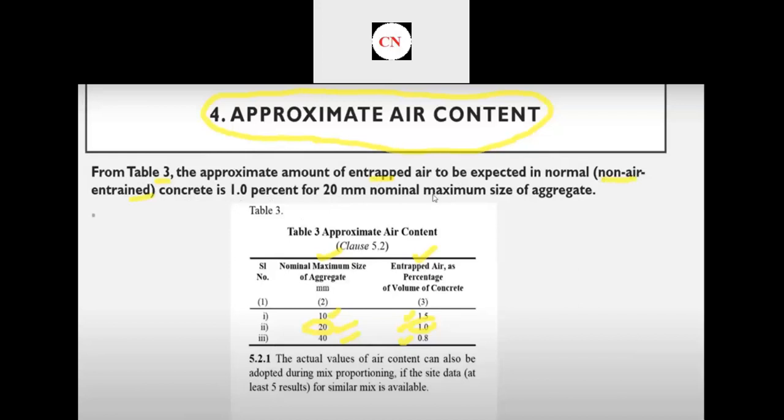Air entrained means we are intentionally introducing some air content by making use of air entrainers as admixtures. That condition is different, so this holds good for non-air entrained concrete.